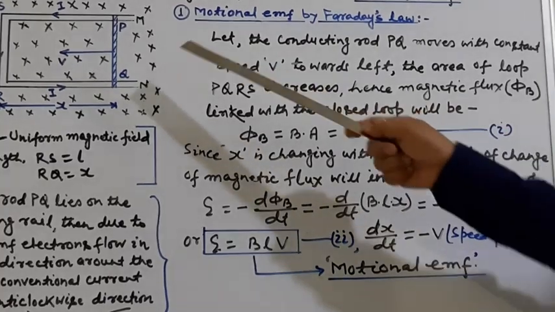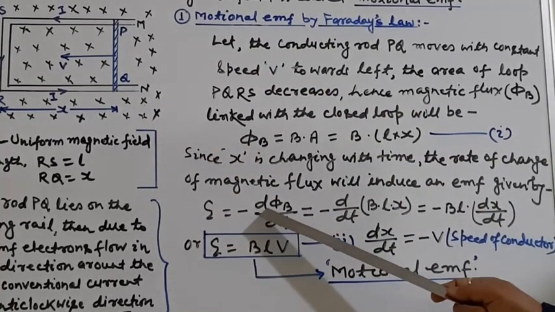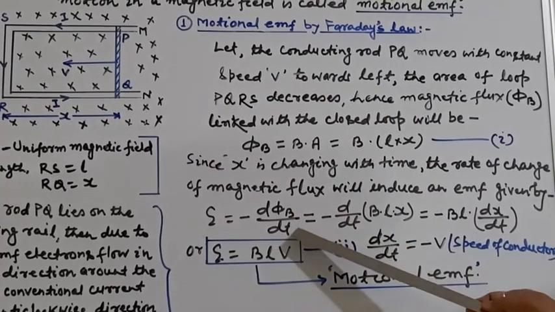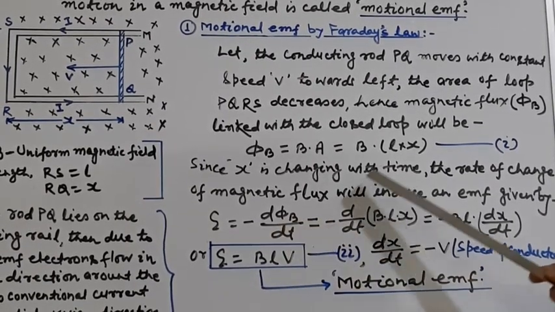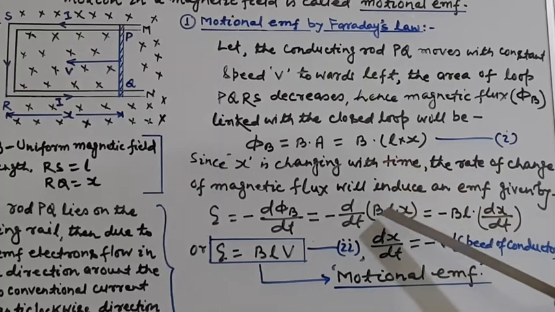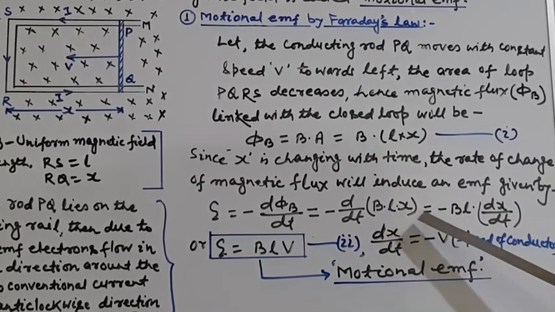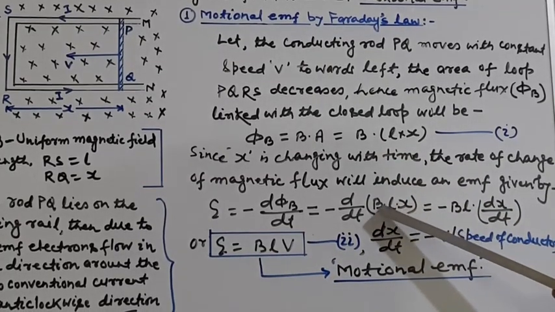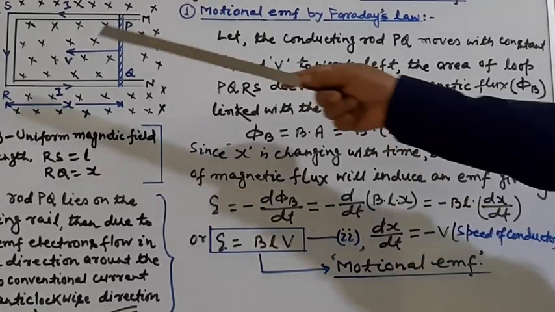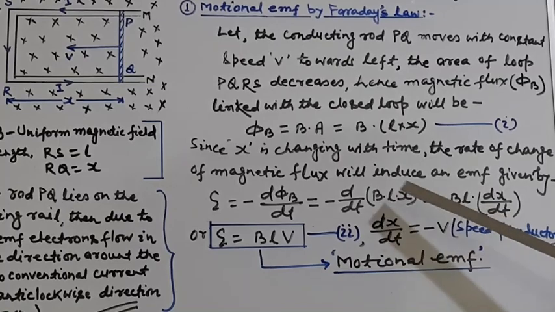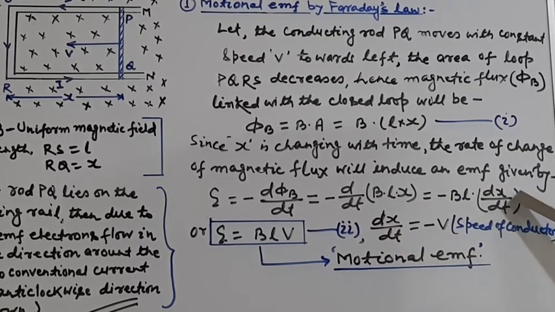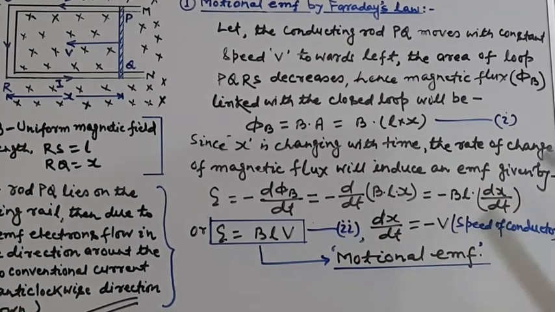So by Faraday's laws, induced EMF is equal to how much? Minus d phi by dt. So it is equal to minus d by dt of BLX, putting in phi B from equation 1. B and L are both constant, because the length is constant and the magnetic field is also constant. So we get minus BL times dx by dt, and this dx by dt is velocity.